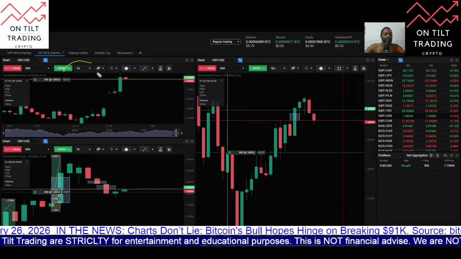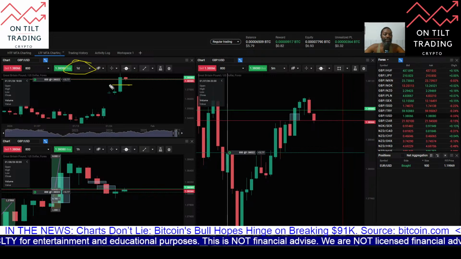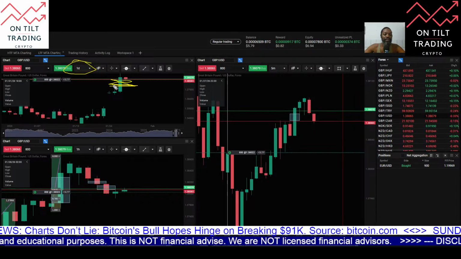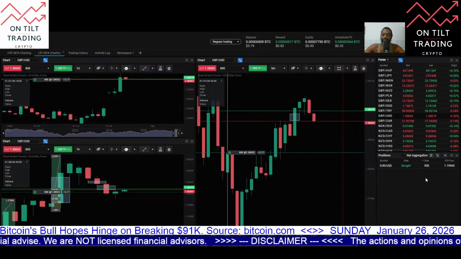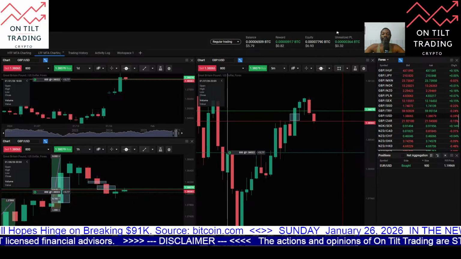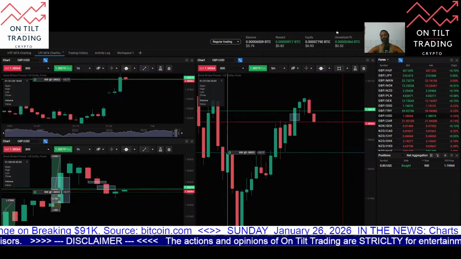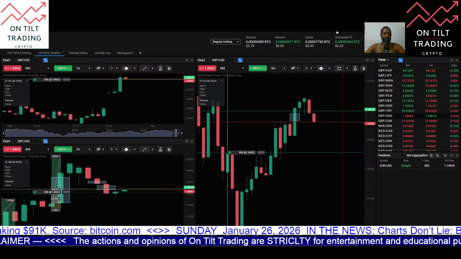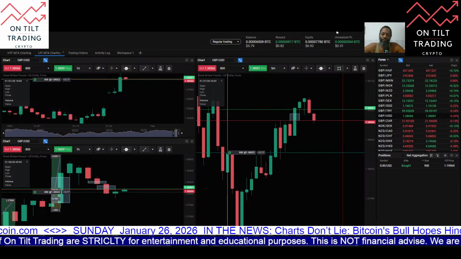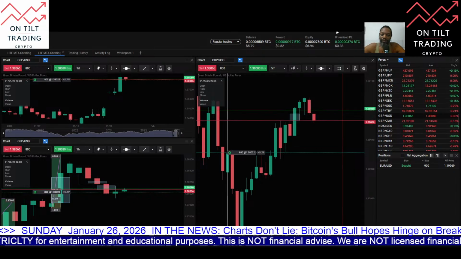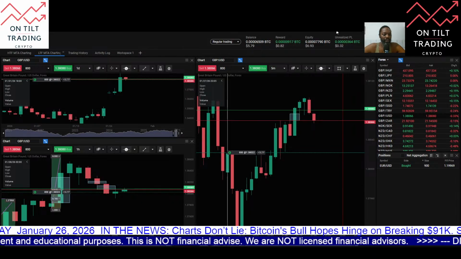And same thing here on the daily. Potential bullish fair value gap forming here. So looking pretty identical here. But they do tend to move similar, but not quite the same.